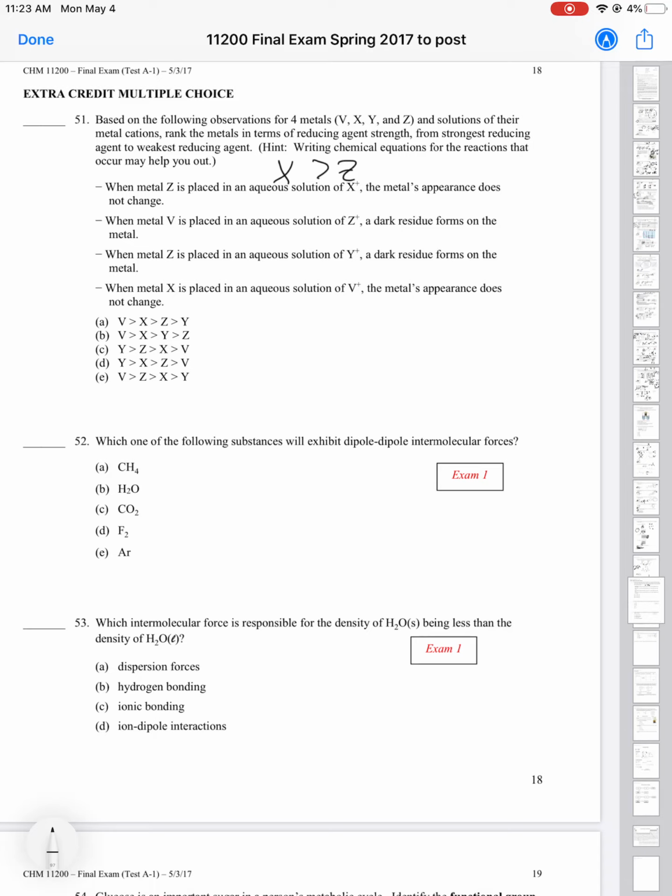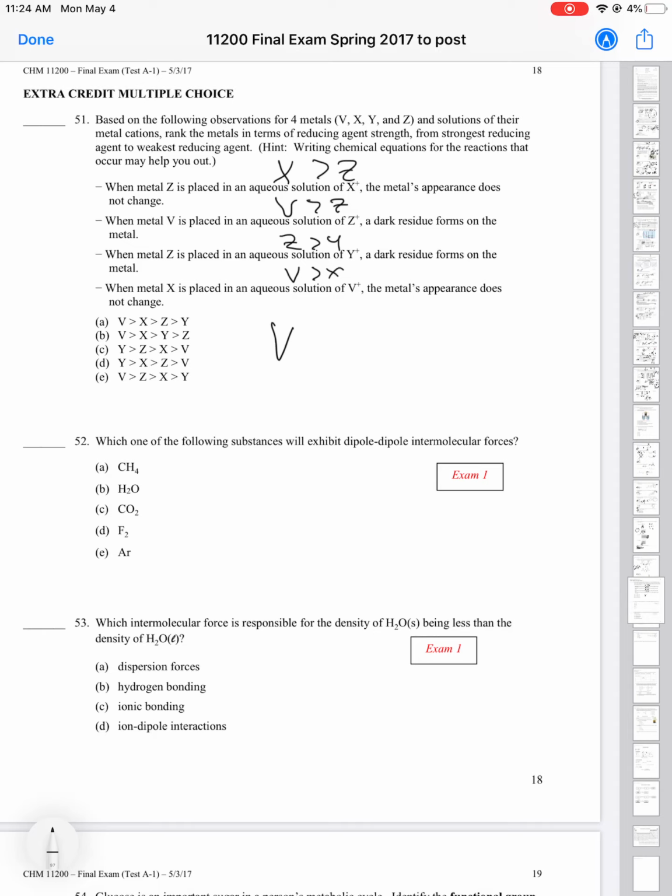V is placed in the dark residue form, so we know V is greater than Z. Z is placed in Y, so we know Z is greater than Y. And when X is in V, it doesn't change. We know V is greater than X.